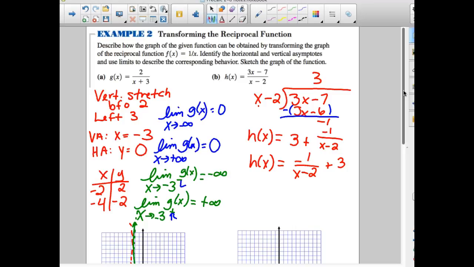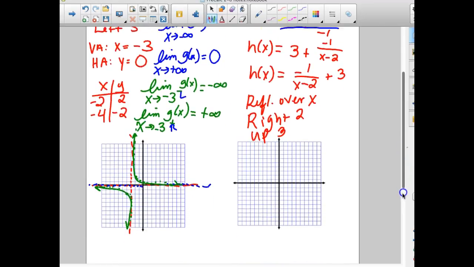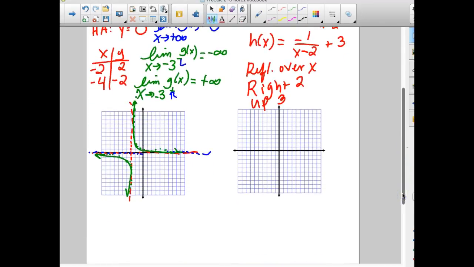Okay, reflect over x. I heard right 2 and up 3. Yes? Okay, so where would my new asymptotes be? Okay, I have a vertical asymptote at x equals 2.